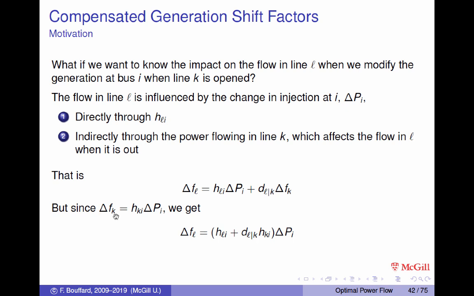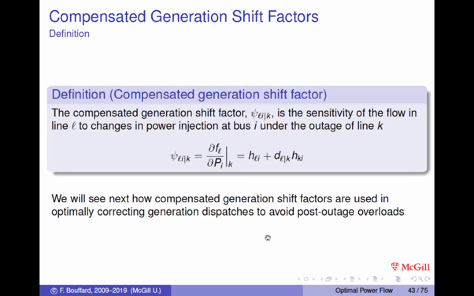But we know that delta FK is just the impact on line K of changing generation in node I. So in a sense, when we look at this, we effectively change the delta F to this over here, and we get our compensated generation shift factor.